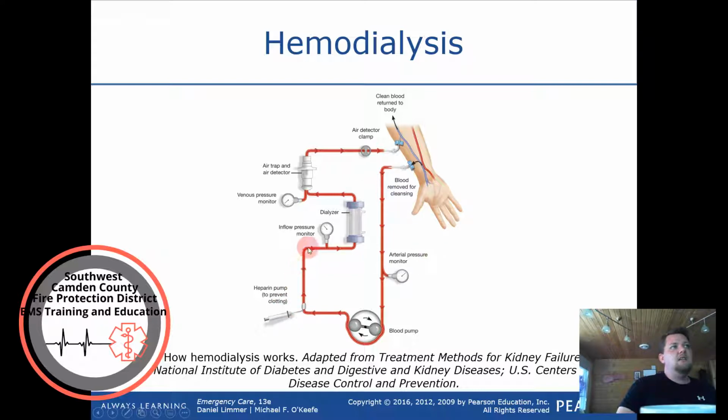Then we monitor it again. We get the dialyzer, and what that does is it takes all of the waste products out of the blood that can't be excreted through urine because their kidneys are not working to filter all of that.